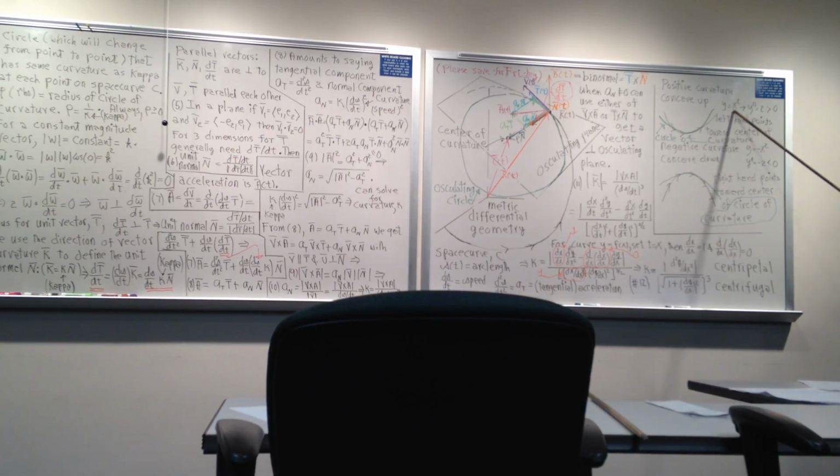So for x squared, you could say you have 2 over 1 plus the first derivative squared, square root, and then cube. And then you would get a curvature number, which would be a positive number. And if you did this one, you would get a curvature number, which would be negative.